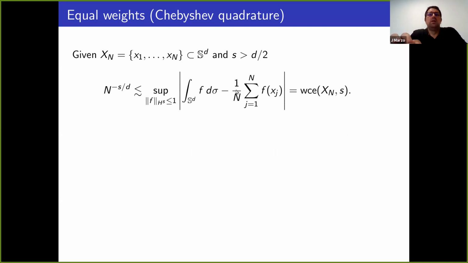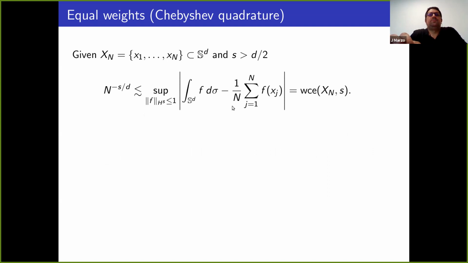Okay. Then when you consider this object, the supremum, when you run through all these functions in the Sobolev space of bounded norm, this error is called the worst case error, given the set of points xn and the smoothness s. Okay.